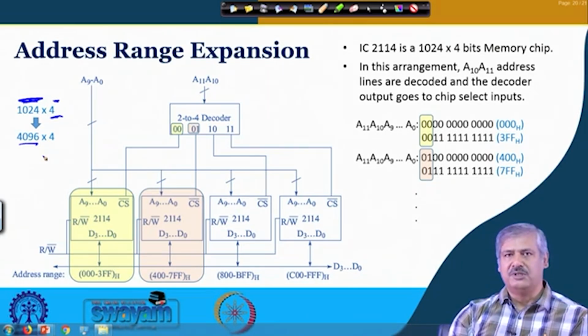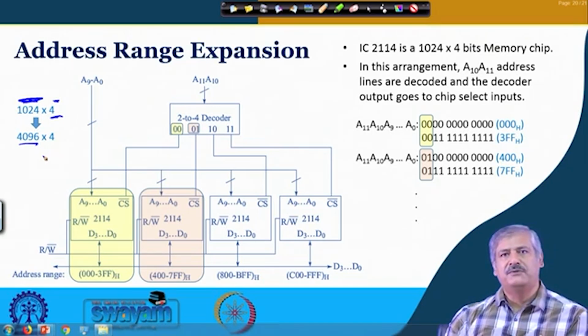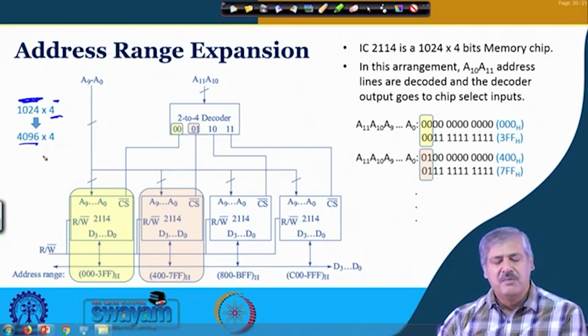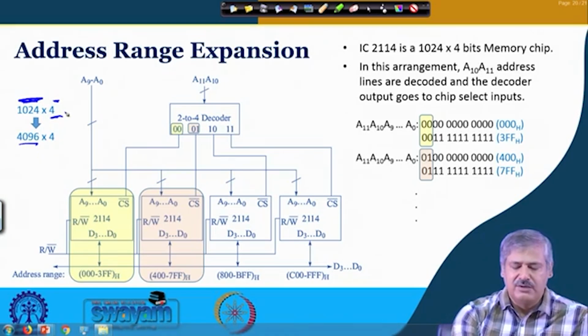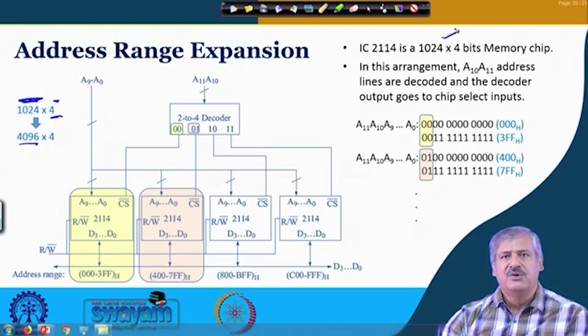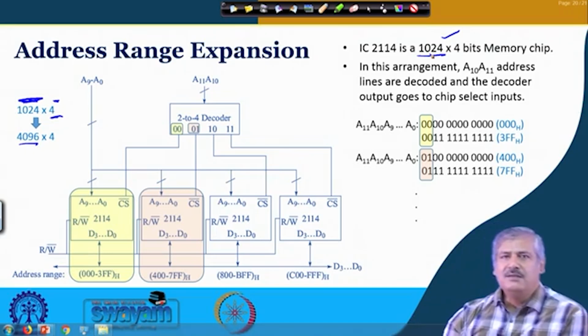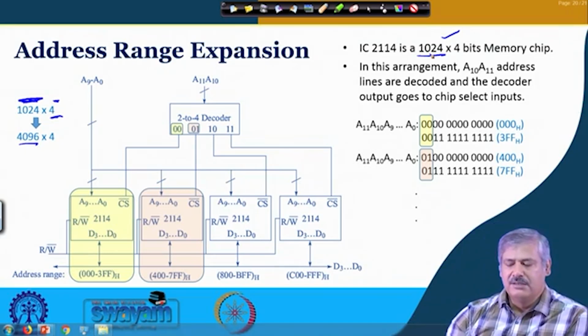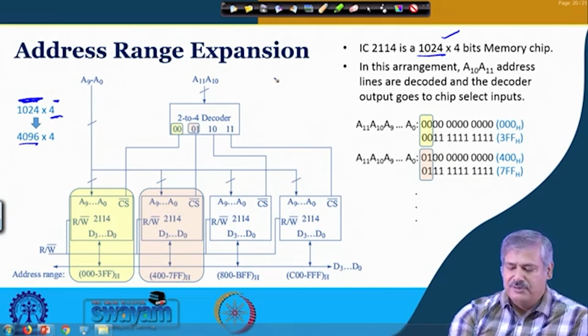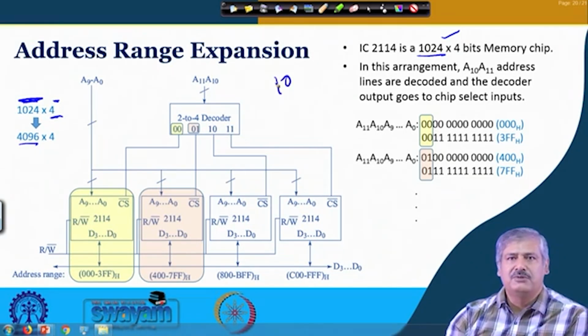So, how can we do that? If we have a 4K cross 4 memory, which is fine, you can directly use it, but if you have 1K cross 4 like this, what can you do to expand the address range, which originally is meant for 1K memory locations? To do that, here is one mechanism. 1K means 10 address lines will be there, 2 to the power 10 is 1024, and 4K means 12 address lines will be there.